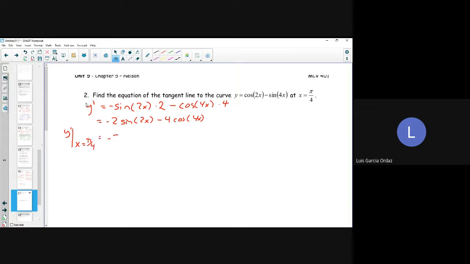So I'm going to get negative 2 times sine of 2 pi over 4 minus 4 cos of 4 pi over 4, which means I'm left with negative 2 times sine of pi over 2 minus 4 times cos of pi. So who remembers what sine of pi over 2 gives me?